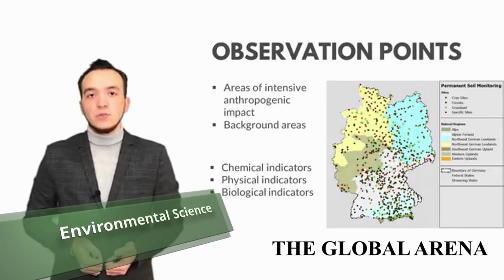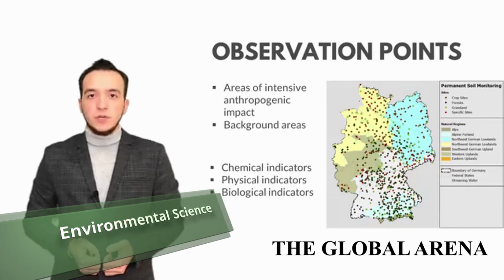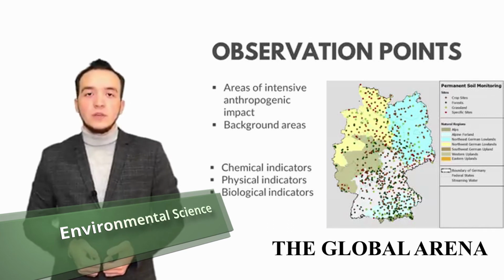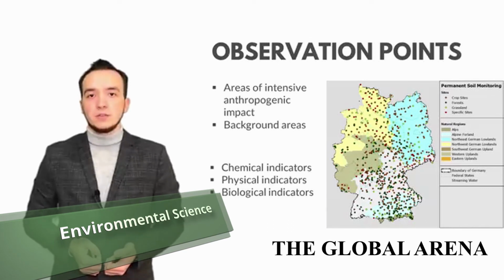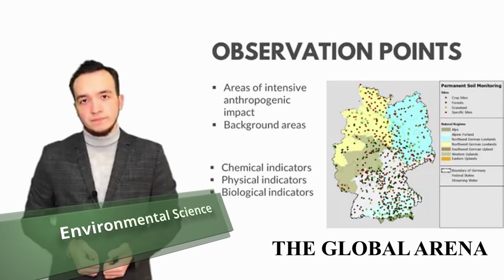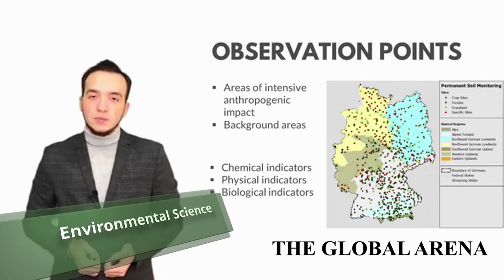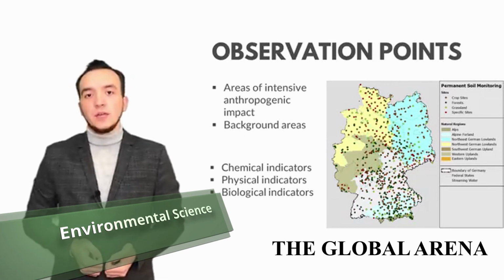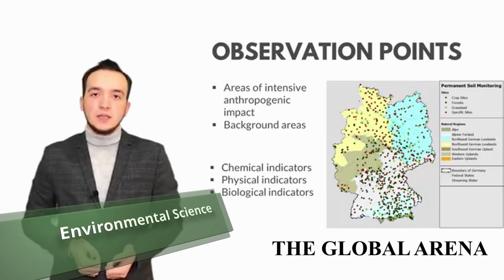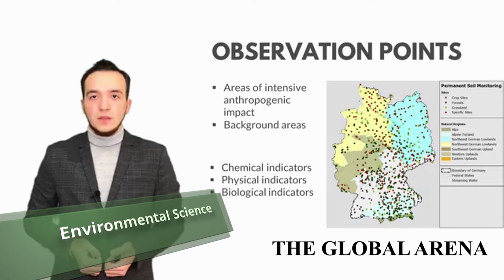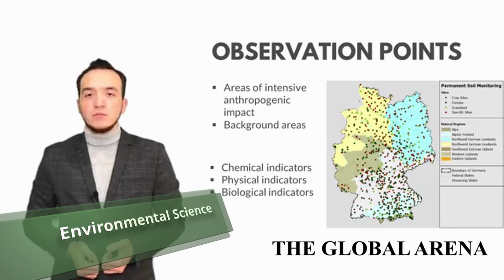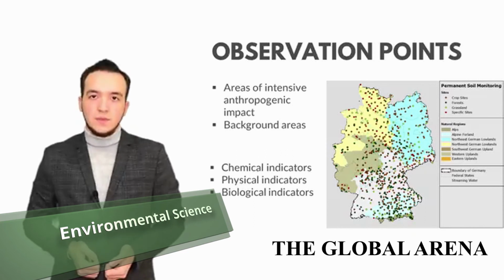It is necessary to organize stationary observations at specially selected sites in combination with the use of remote research methods to solve these problems. Typical landscapes exposed to intensive anthropogenic impact are selected as observation objects. At the same time, background areas are studied.